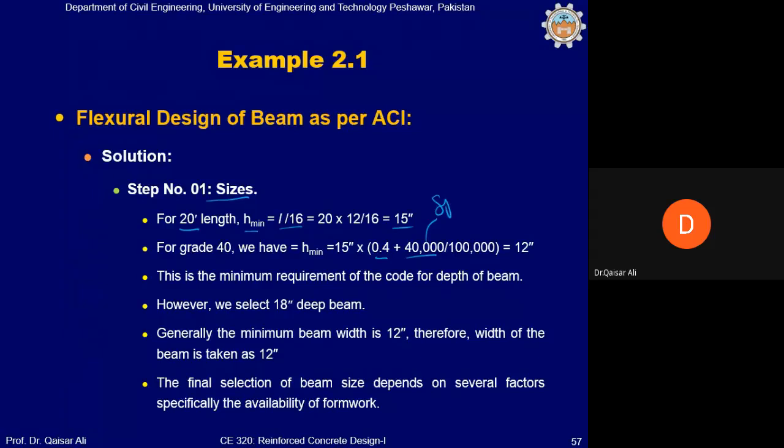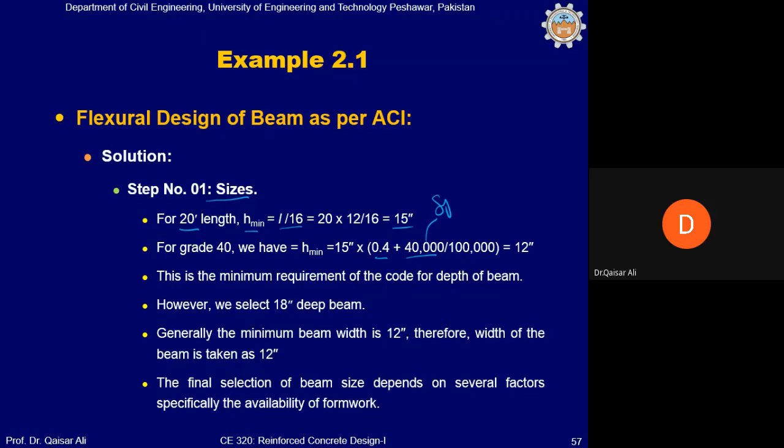For any grade of steel other than grade 60, you will multiply this value with this correction factor, because if you remember, I told you that the ACI table is basically developed for grade 60 steel and normal weight concrete.